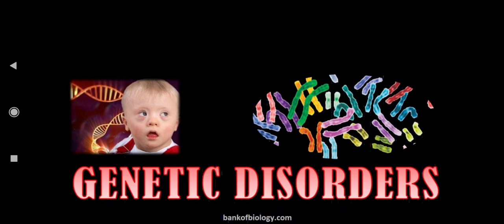In this chapter, we are going to discuss genetic disorders. What is a genetic disorder? There will be a little change in the DNA sequence, or sometimes in the chromosomes or in genes. Yesterday, we discussed that the change may happen in one of the base pairs in the DNA.